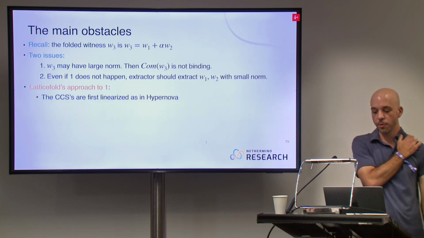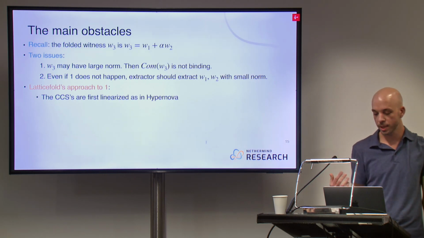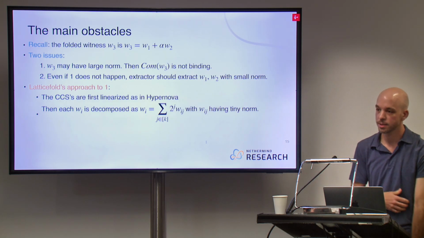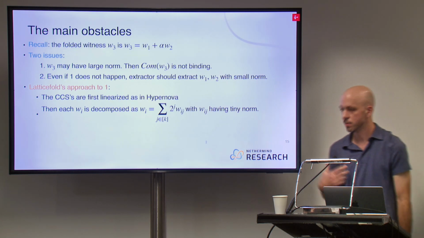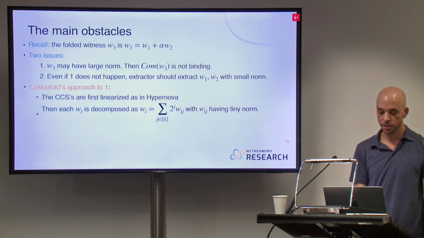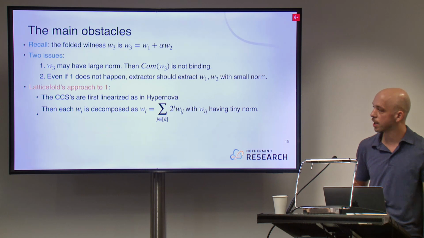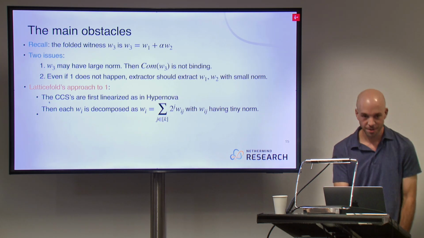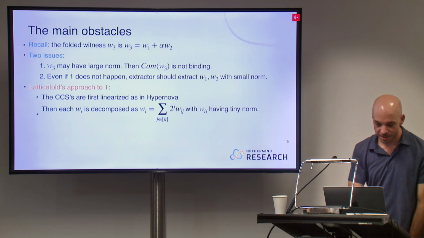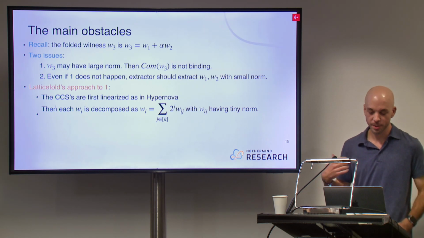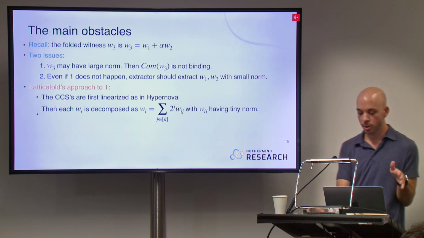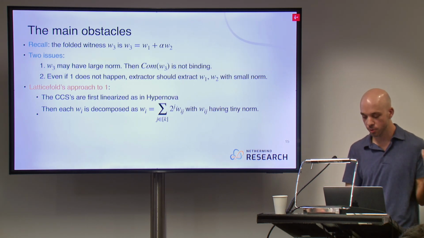Okay, so the way LatticeFold approaches issue one is the following. First, the CCSs are linearized, as in HyperNova, with a sum check. If you don't know what a CCS is, here you can just replace CCS by relaxed R1CS. And then what LatticeFold does is the witnesses are decomposed into, say, base 2.